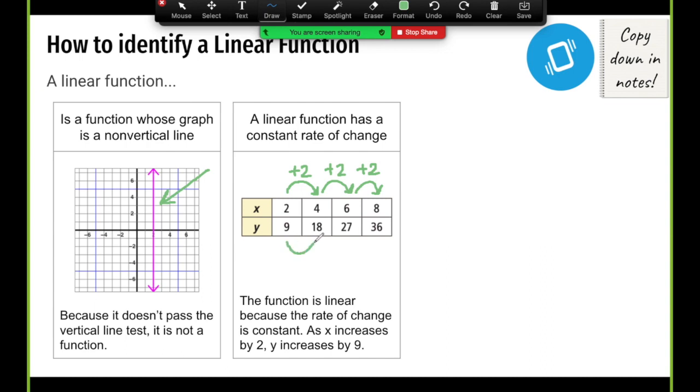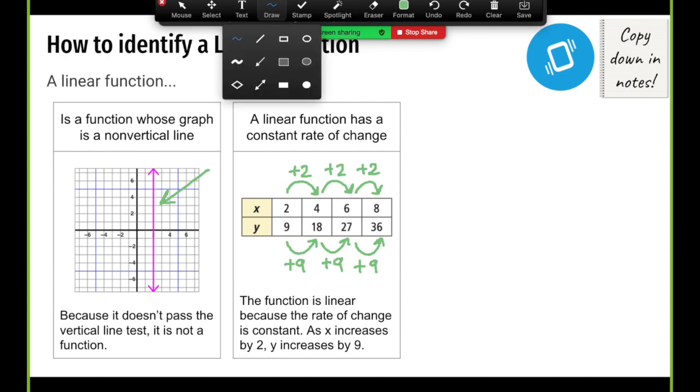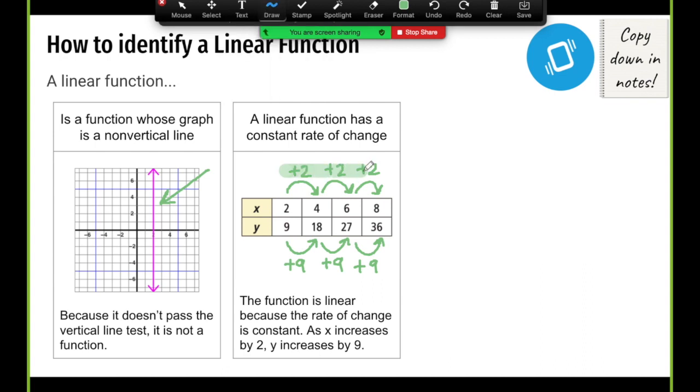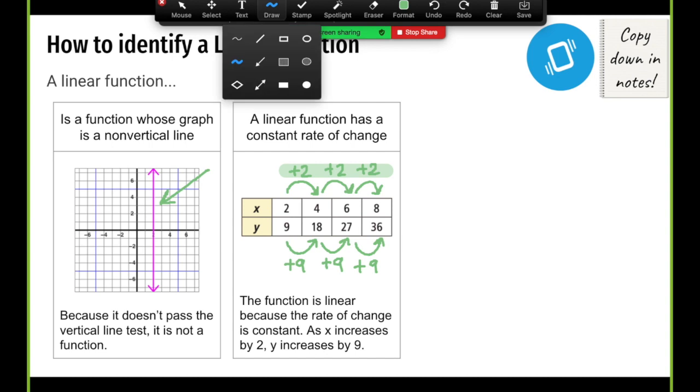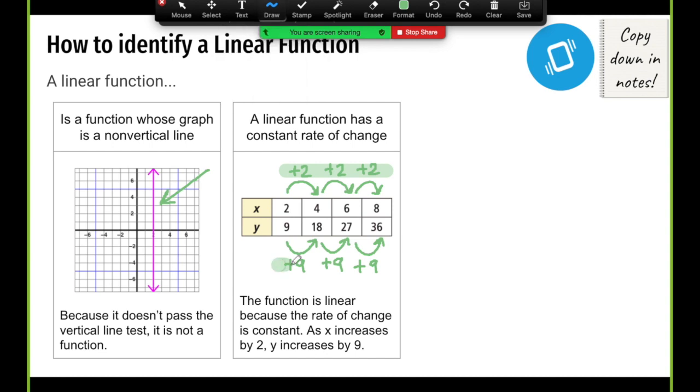On the bottom, we have 9 to 18, that's increasing by 9. We have 18 to 27, which is increasing by 9, and then 27 to 36, which is also increasing by 9. So this is a function that is linear because of the rate of change being constant. Every single time we see these numbers, they are exactly the same. This one is consistently adding 2, and this one is consistently adding 9.